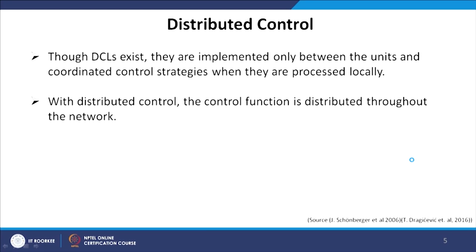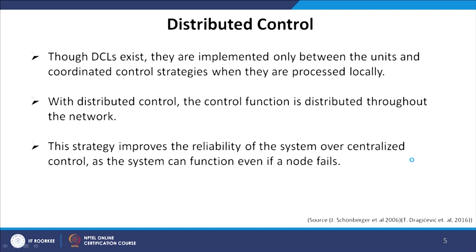With distributed control, the control function is distributed throughout the network. This strategy improves the reliability of the system over centralized control, as the system can function even if a node fails. Even if, at a given point, the generation is disconnected or the node fails, the control mechanism still follows its functions without fail.